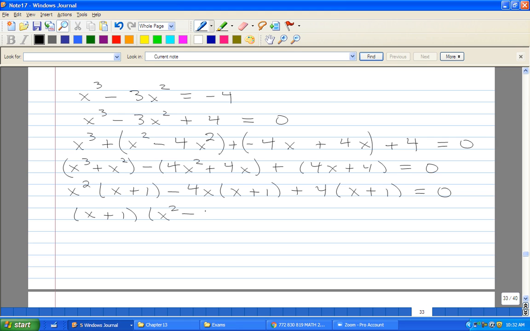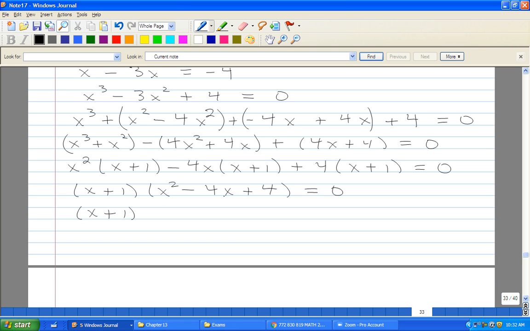What remains is x squared minus 4x plus 4. Let's factor x squared minus 4x plus 4. That's a perfect square trinomial. So it's x minus 2 squared.